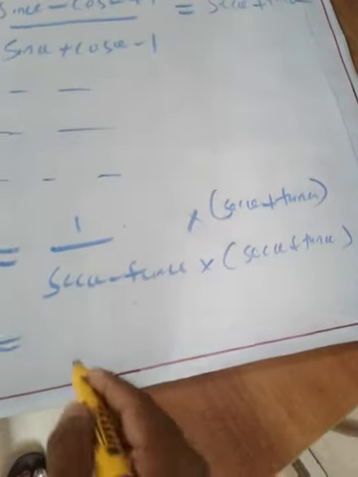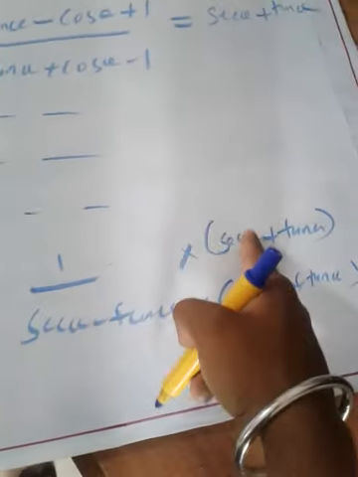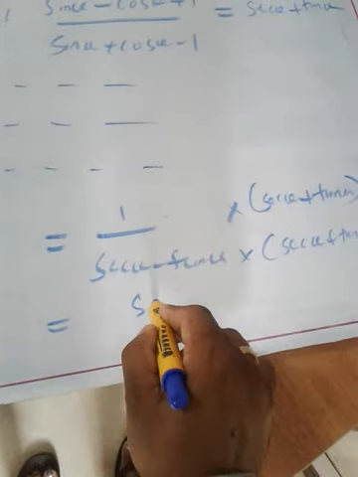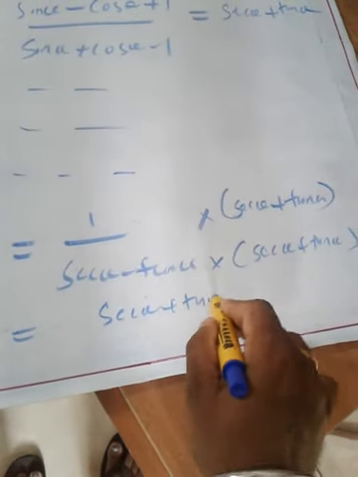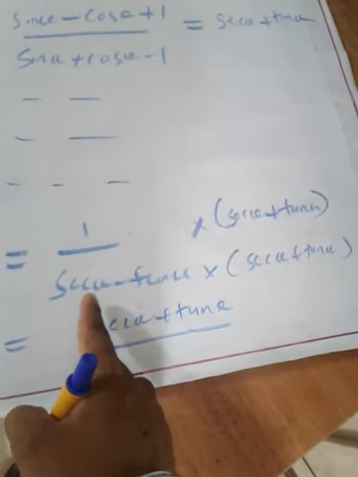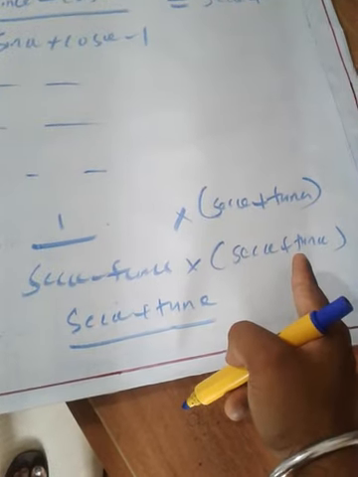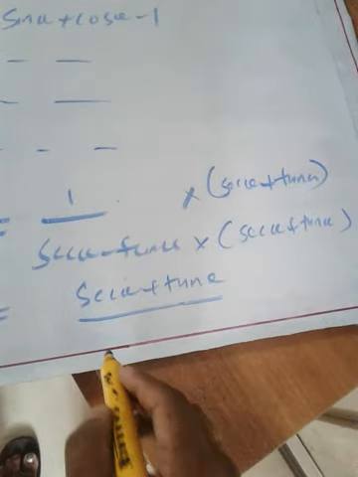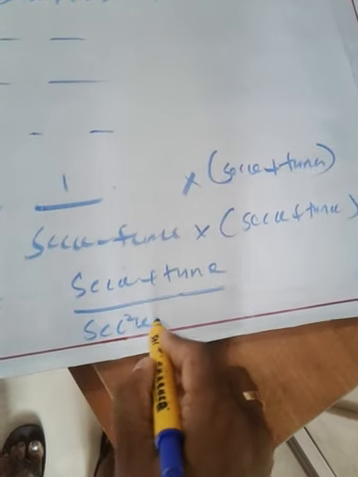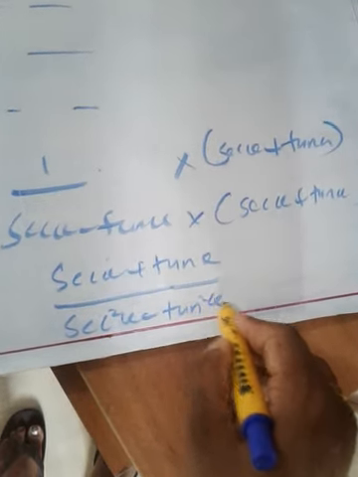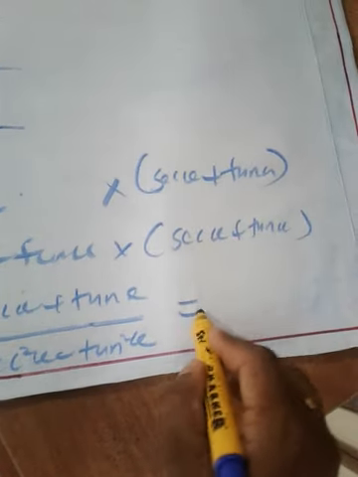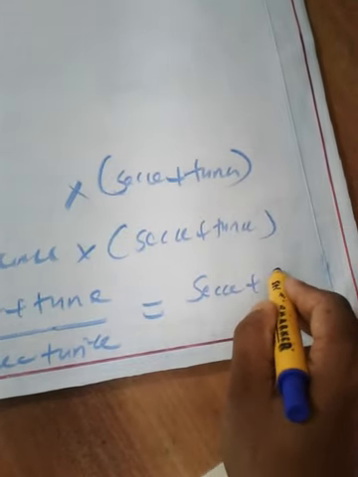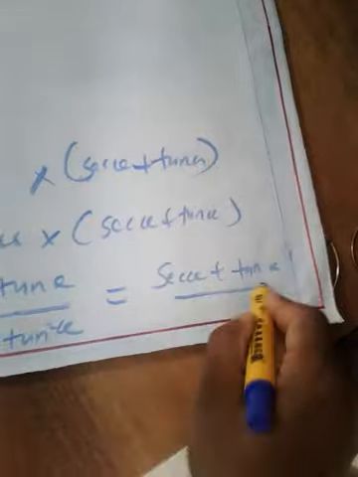Now let's see, what is 1 into sec theta plus tan theta? That is sec theta plus tan theta. What is sec theta minus tan theta into sec theta plus tan theta? It is in the form (a minus b) into (a plus b), which is a square minus b square. So it becomes sec square theta minus tan square theta. Now, sec theta plus tan theta divided by, numerator as it is.